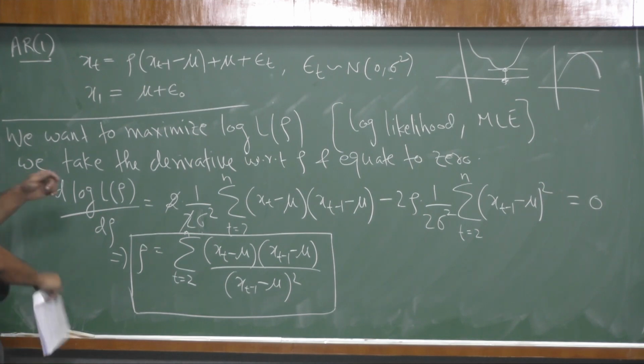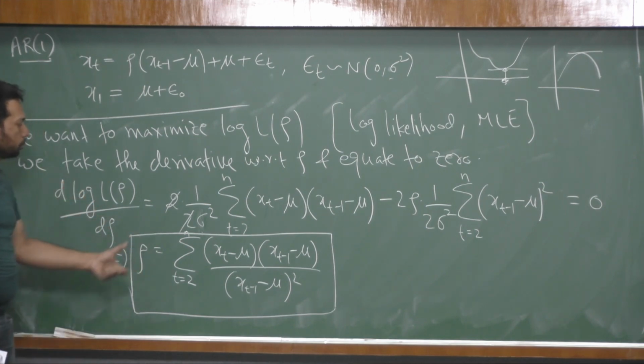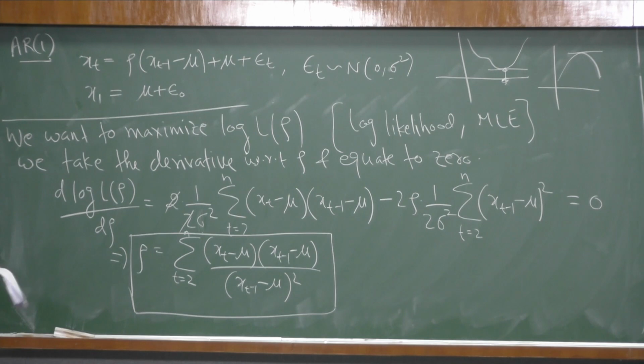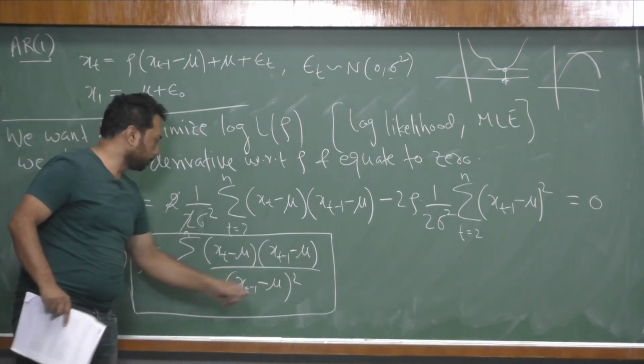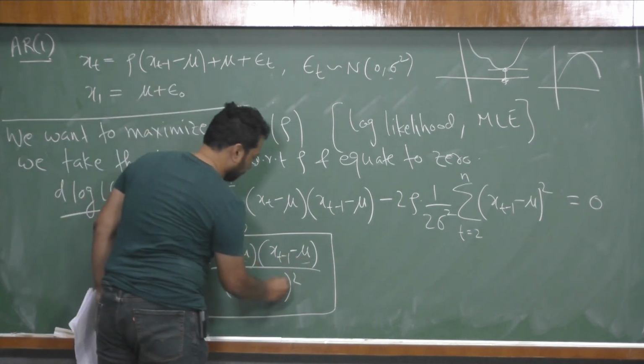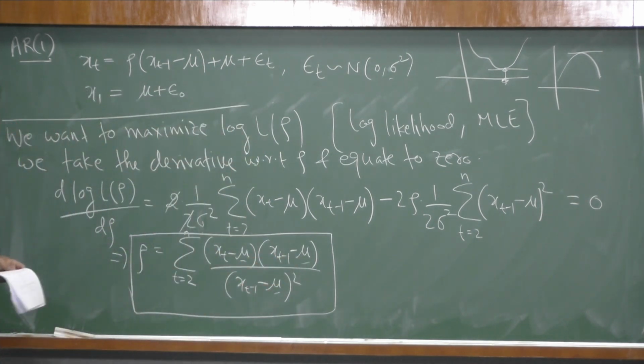Then the autoregression parameter rho can be computed as an MLE estimate, having estimated the mean. This is how we can do the estimation of the parameters in the linear autoregressive case.